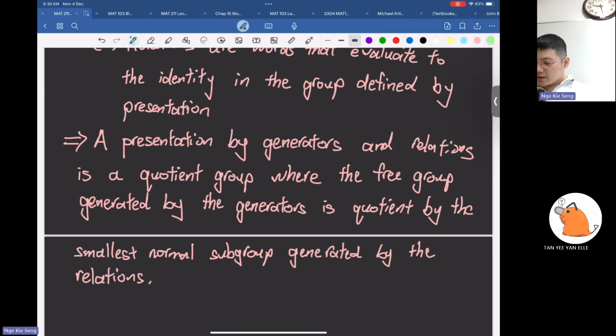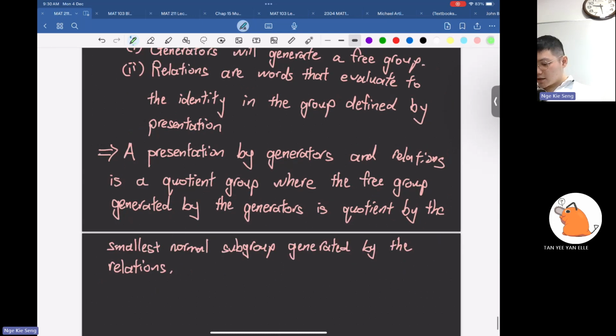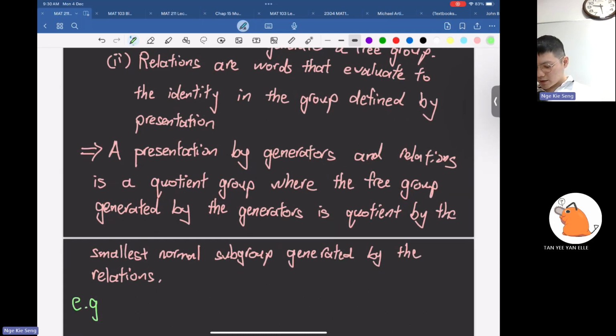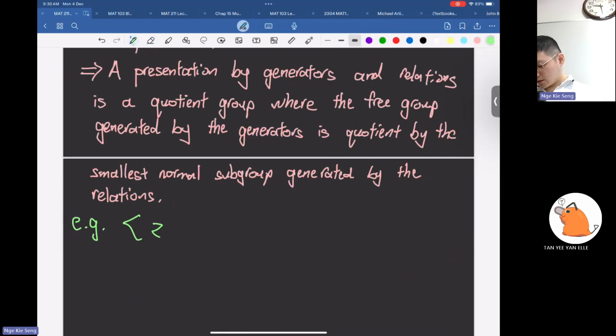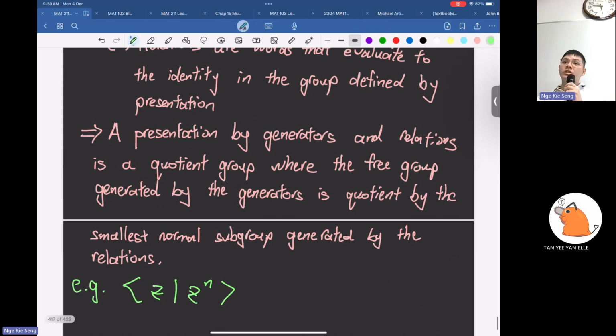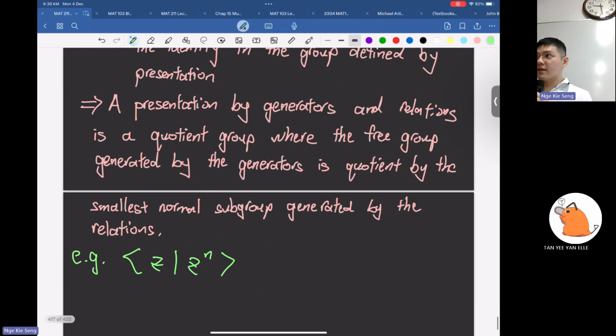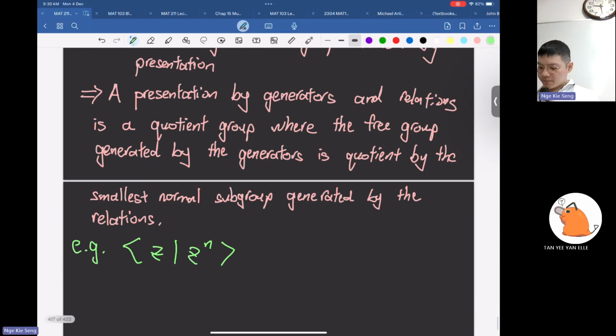Okay, let me give you an example of how to read this Z mod Z^n. How does this definition translate to doing computation? Listen carefully. What words are in here?